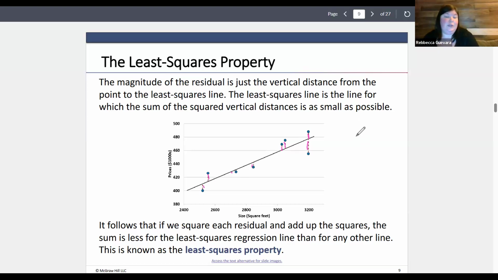So it follows that if we square each residual and add up the squares, the sum is less for the least squares regression line than for any other line. This is known as the least squares property. So all that is saying is that my least squares line is going to have the smallest sum of squared residuals.